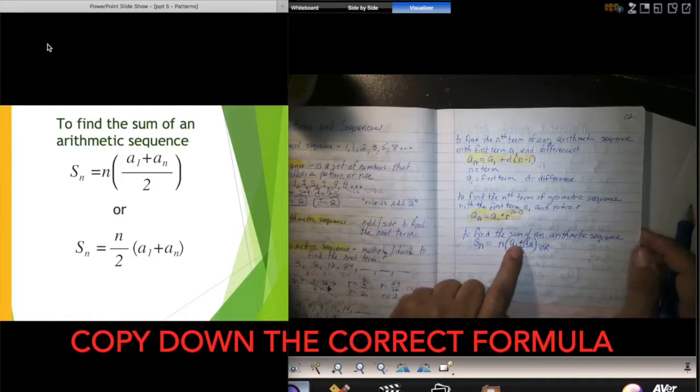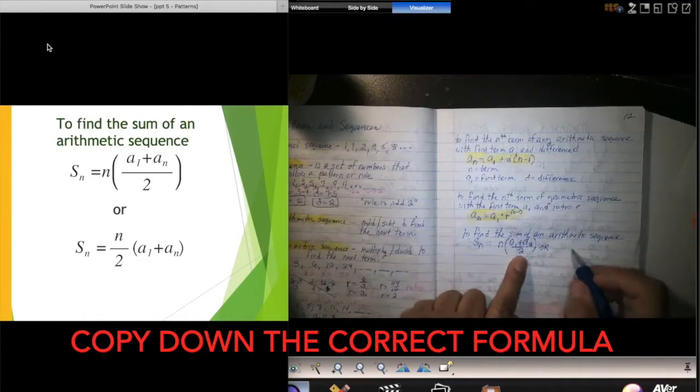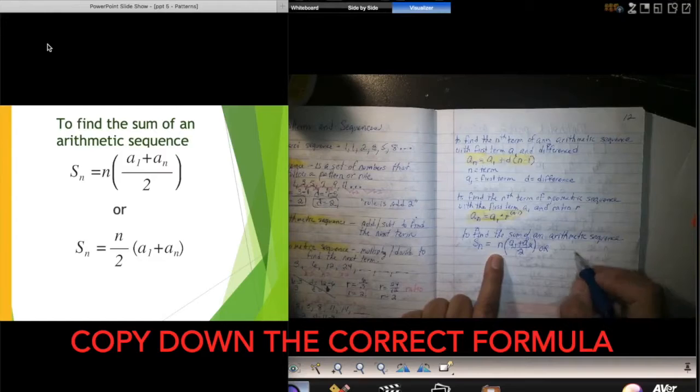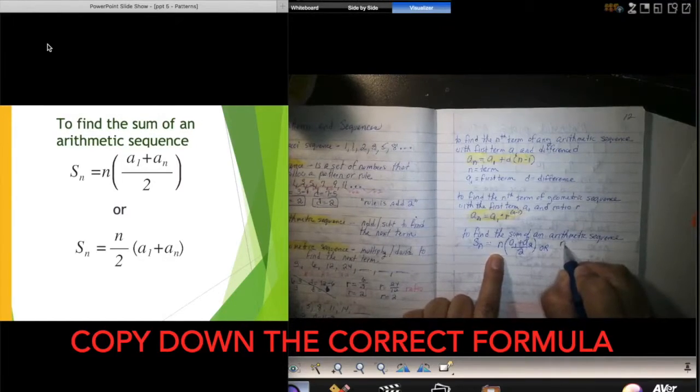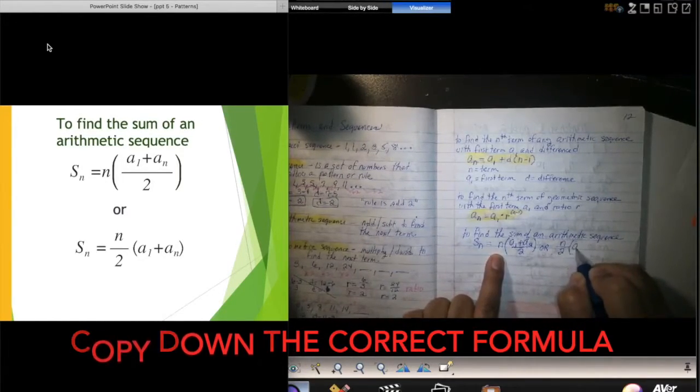Instead of putting it all divided by 2, we can separate the 2 and put it in the front, and that would be n over 2, same thing.